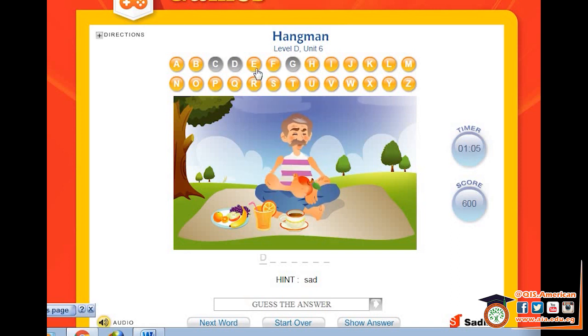Doleful. O. Where is the O? Yes. O. Dol. L. Yes. See what happened? Here is L, and it helps you with another L at the end. So when there's another letter repeated, it helps you with it and puts the letter in the suitable place or the correct place of it.